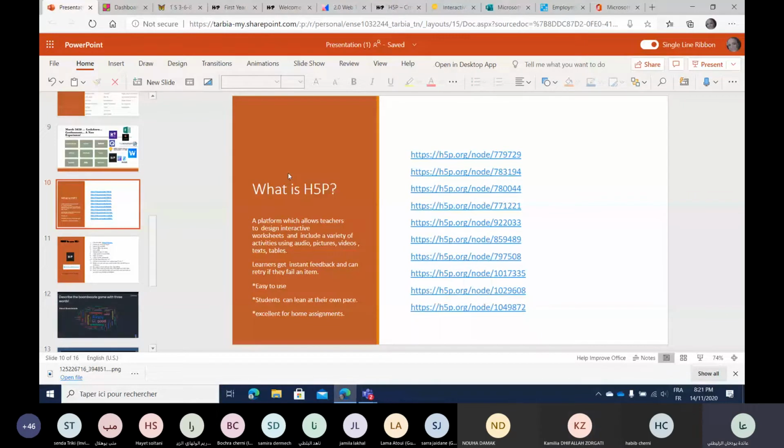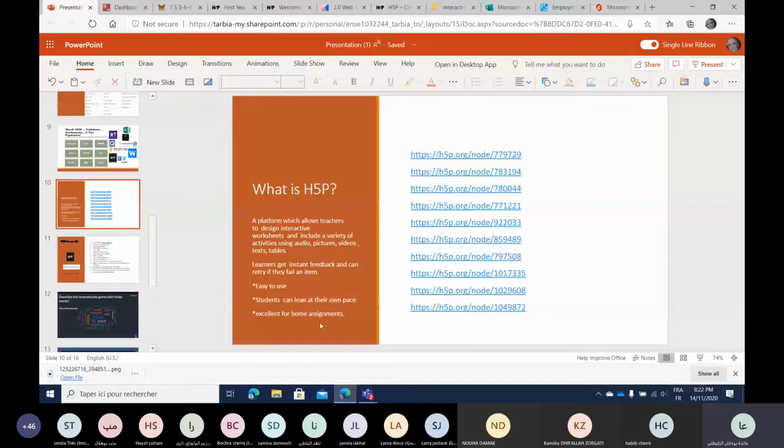Now, to our misfortune, it had become limited, but two days ago, I went back to it and found that Column, which is the largest content type, was reintegrated in the platform, which was nice because it allows us to have a variety of tasks on a single worksheet. It's easy to use, students can learn at their own pace, and it's excellent for home assignments.